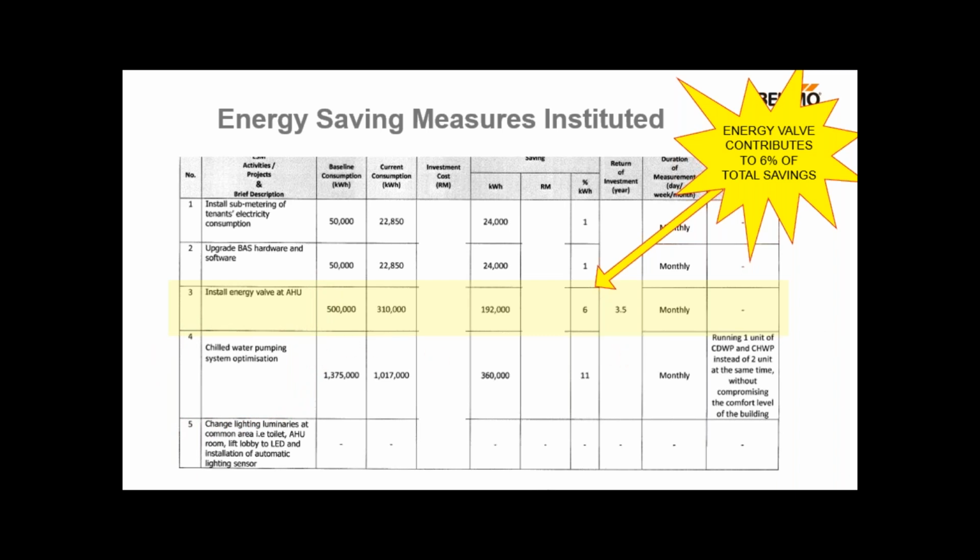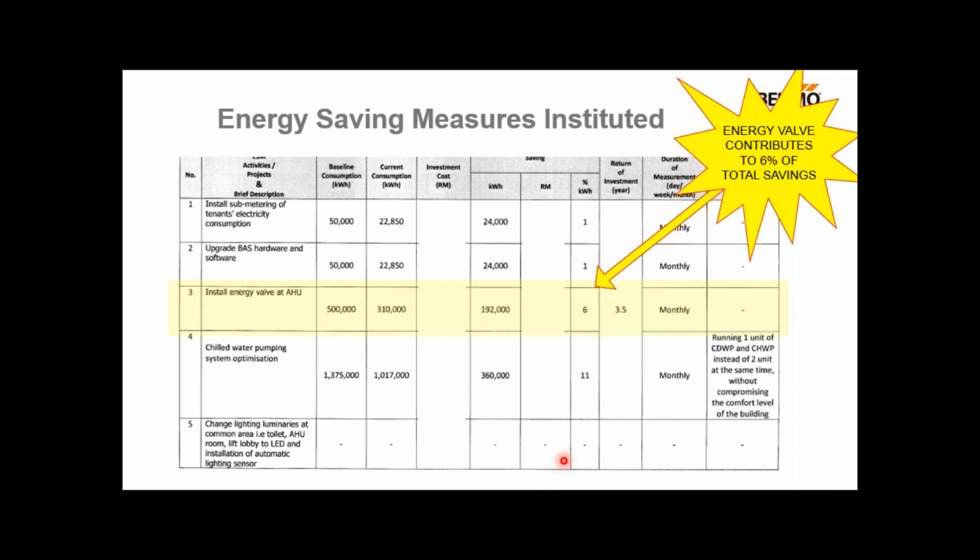Chill water submetering is made easy using the flow measuring function from the energy valve. The flow rate, chill water supply and return temperature data are read directly by the automation system, and we can automatically create a bill for each tenant.